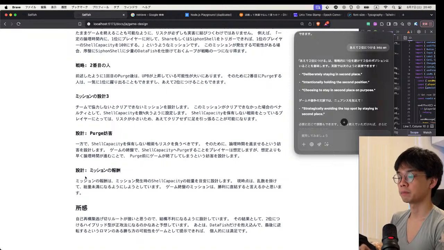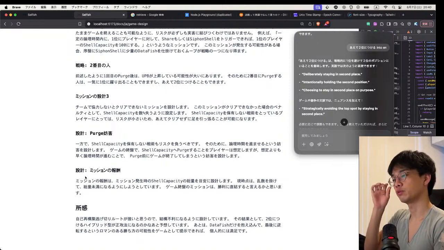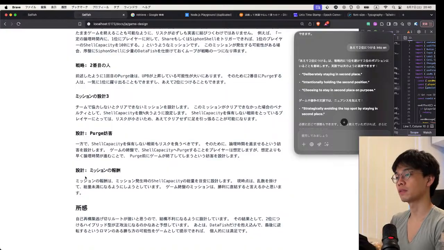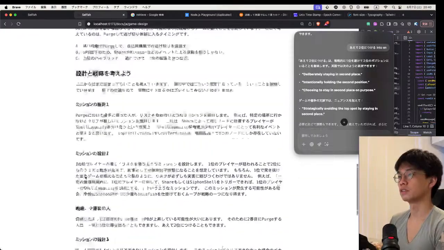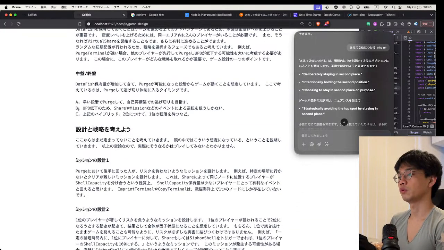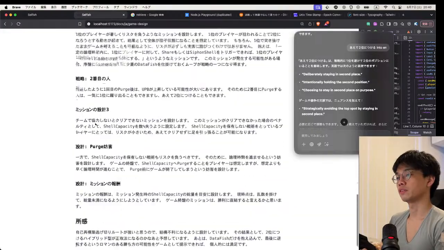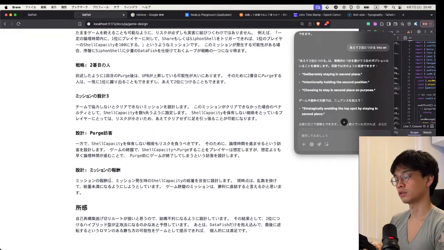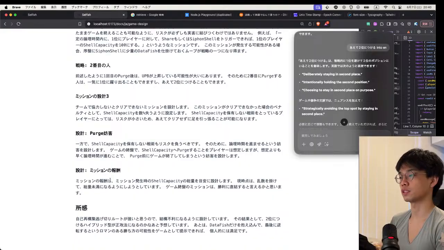And next, mission rewards. This is important because this type of player depends on the mission rewards, so the amount of mission rewards is so important in the game design.